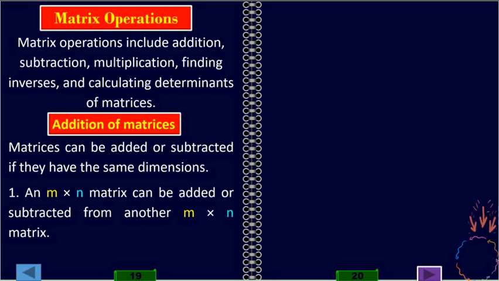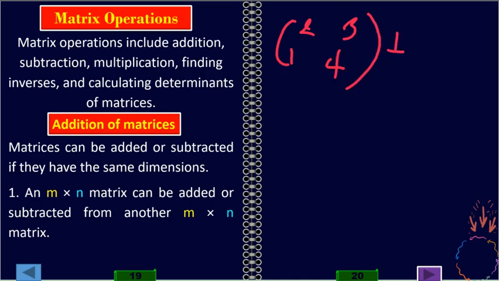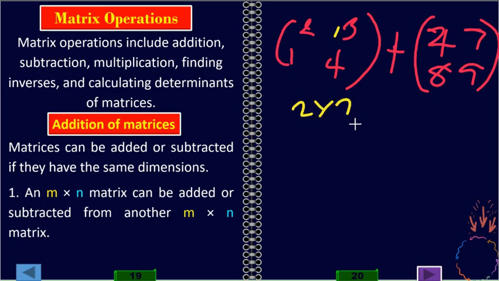What are we saying? Let's assume I have this matrix here. Let's say this is 2, this is 1, this is 3, and this is 4. And then I'm going to add this to another matrix, and this is, let's say, 4, this is 7, this is 8, and this is 9. So now we have these two matrices to add. Now looking at this calculation, you can see that number one, this one is a 2 by 2 matrix.